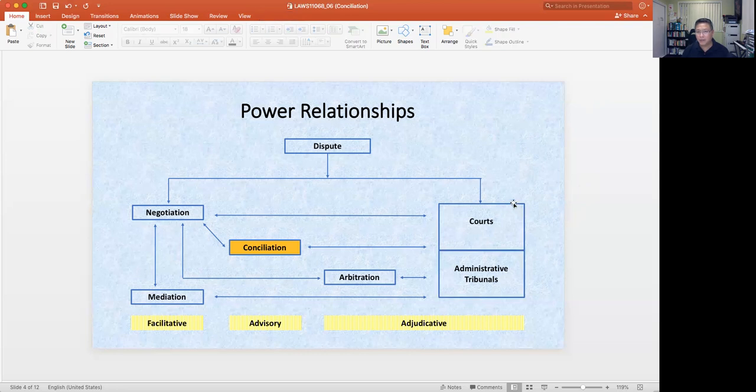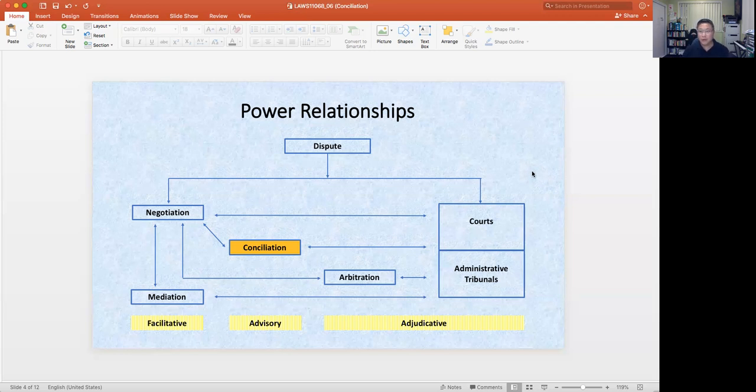So what this means is that the courts may actually compel the parties if the court feels that mediation is not the appropriate way, or that negotiation is not the appropriate approach to try to get the parties to reach an agreement. What the courts will then do is to order the party, or to refer the parties to conciliation. Or the administrative tribunal may also refer the parties to conciliation.